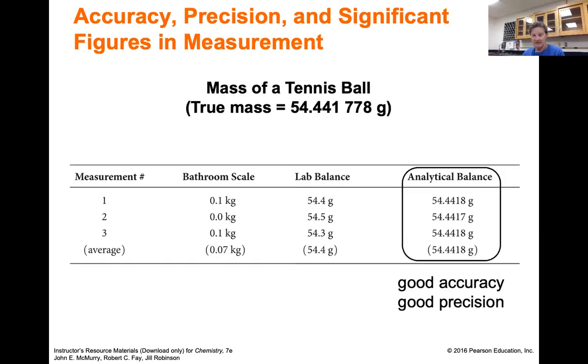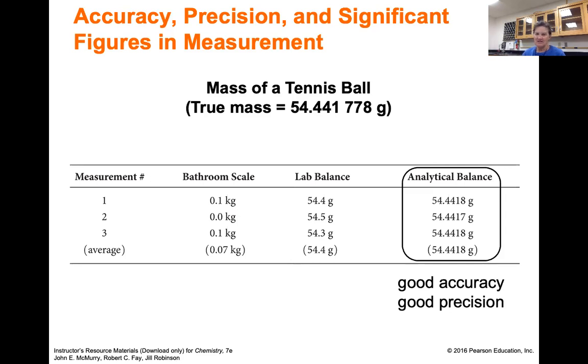When we look at this table, first let's think, we're weighing a tennis ball on a bathroom scale. 0.07 kilograms, if 1 kilogram is 1,000 grams, would mean that this would be 70 grams, the value you get for the average of your 3 measurements.